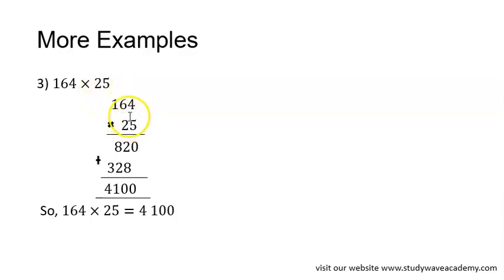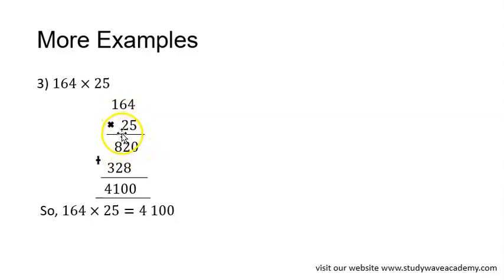Then we say 5 times 1 is 5. So we add the 3 we carried over. 5 plus 3 is going to give us how many? 8. That's why it's good to know your multiplication table, because you'll be able to apply it here by knowing how to multiply, okay? So we have 820.